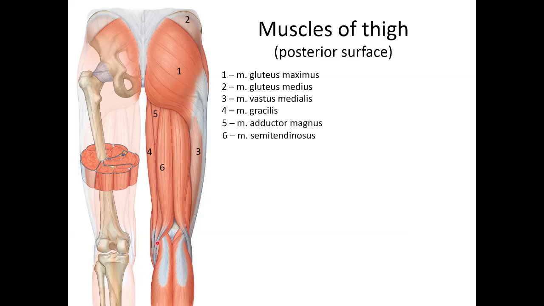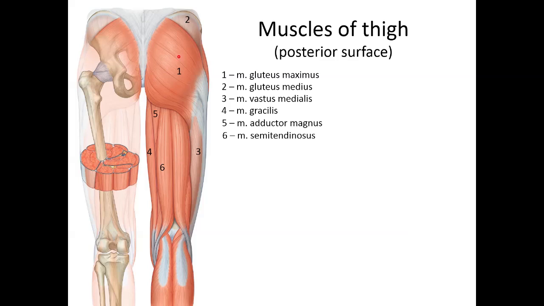So a muscle which has a long tendon, 1/2 of its length, in translation from English to Latin will be semitendinosus. So number 6, semitendinosus.